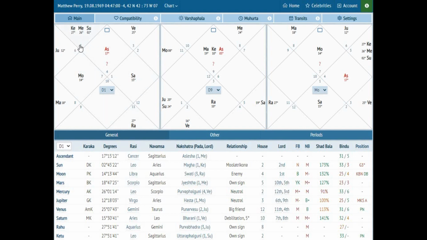When you know what you came here to do and what your main purpose is, it's actually easier to go through life. When you understand the positions of your planets, you can go through everything more easily.